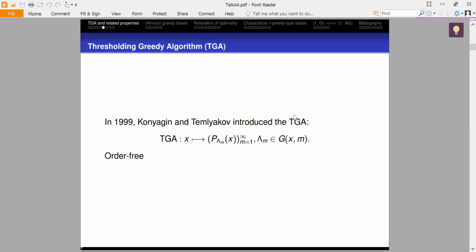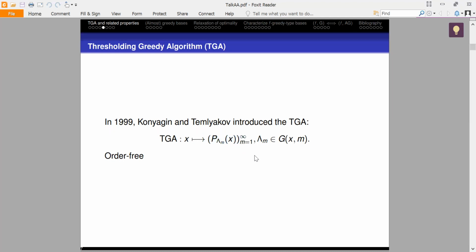Now we go on to the TGA. And again, it was introduced in 1999 by Konyagin and Temlyakov. The TGA is a map that maps x to a sequence of greedy sums. So each of these is a greedy sum, and the size of the greedy sum increases from n equals 1 to infinity.